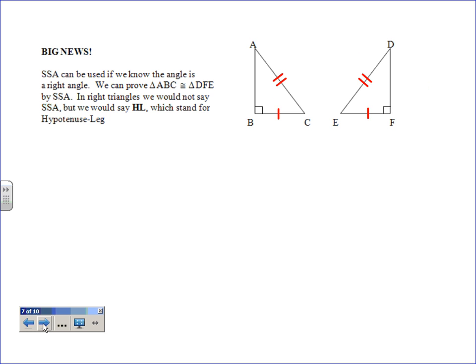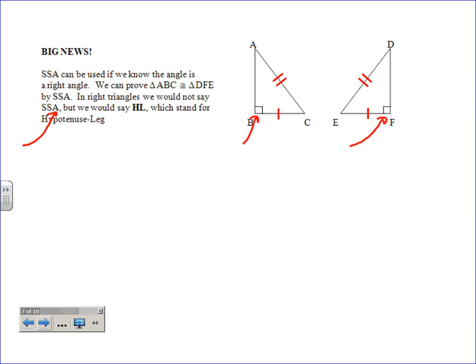Side, side angle is the big one. I told you side, side angle doesn't necessarily work. That's because if you know the A, remember side, side angle is the bad one. If the A is a right angle, it actually does work. So if we know that's a right angle, this works.